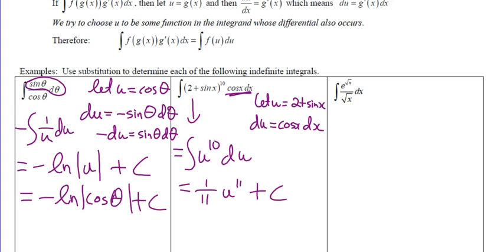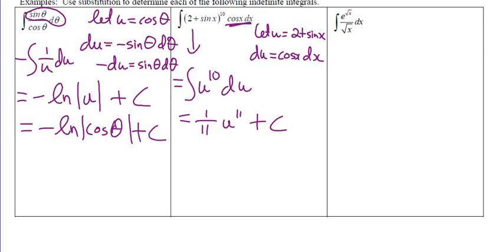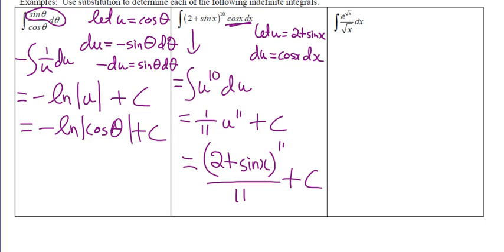You substitute for the u, right? Substitute back in. So we could write this as 2 plus sine x to the 11th over 11 plus c. Or 1/11th times 2 plus sine x to the power of 11 plus c.